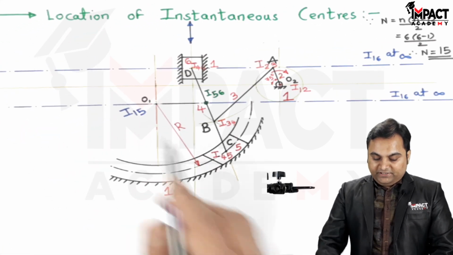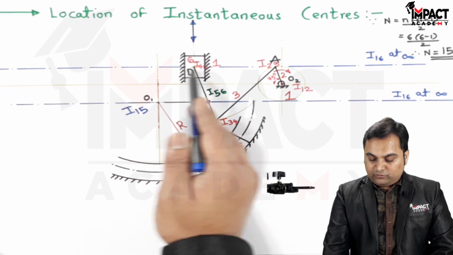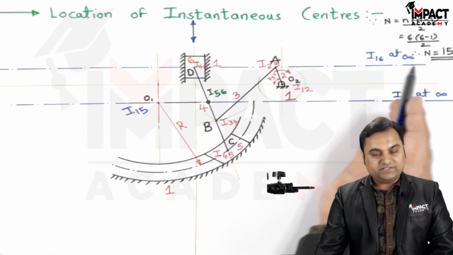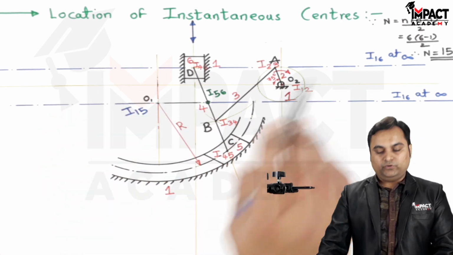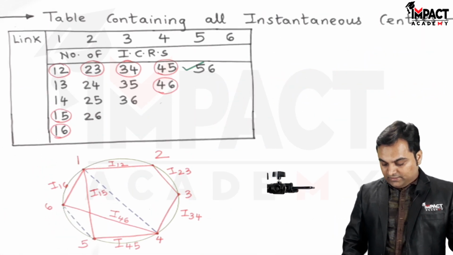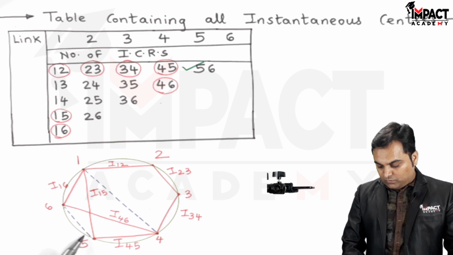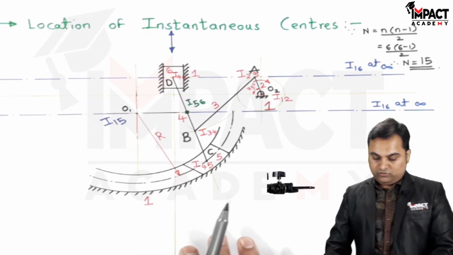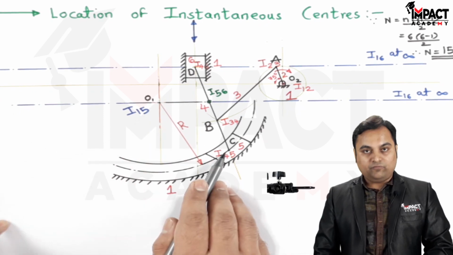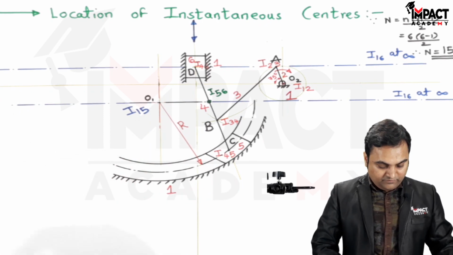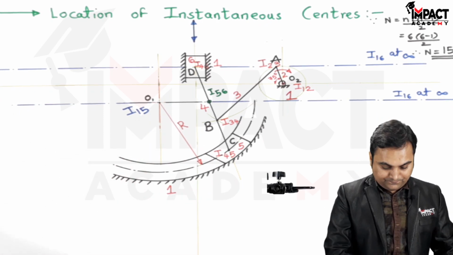For that there is already a line which is passing through 4-6, and this is 1-6. So here is the horizontal line. Over this we are going to get I14, and the other set of lines would be connecting 1-5 and 4-5. So 1-5 is here, 4-5, joining them with the help of a light line.